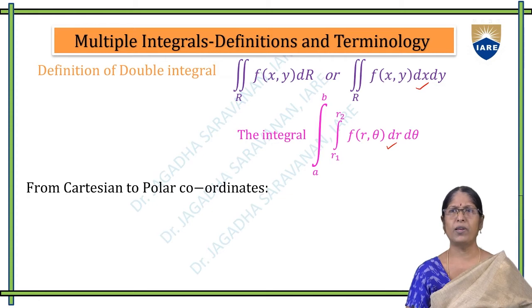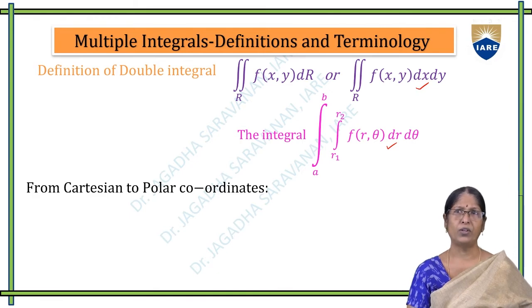In such cases, for curved regions, we will go with polar. So the definitions of Cartesian and polar are over.